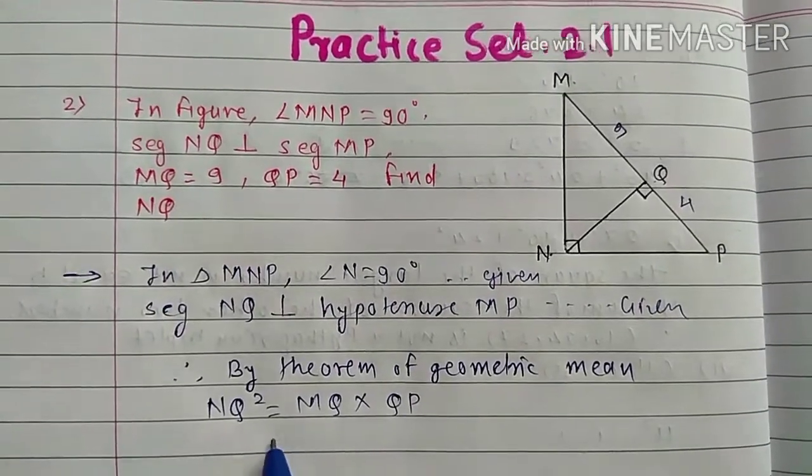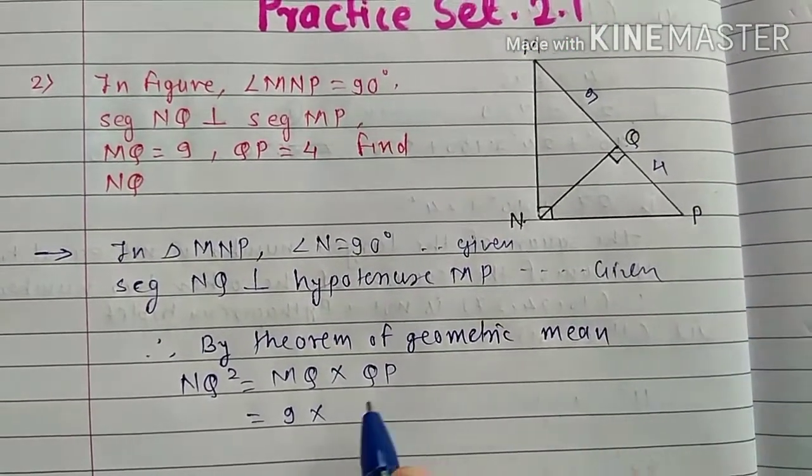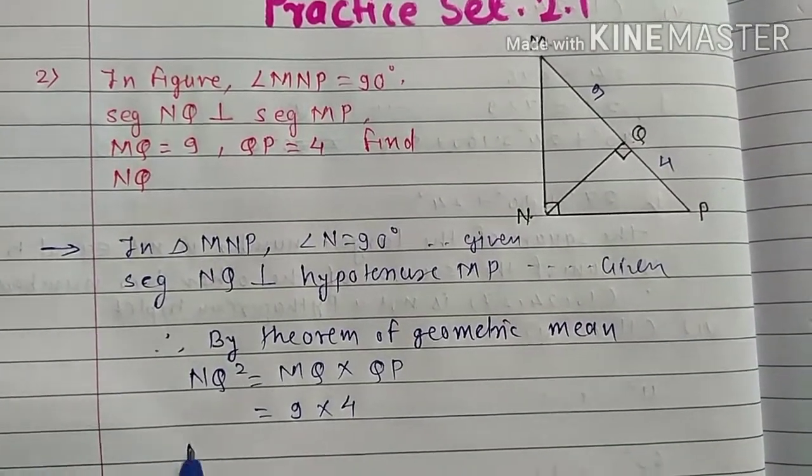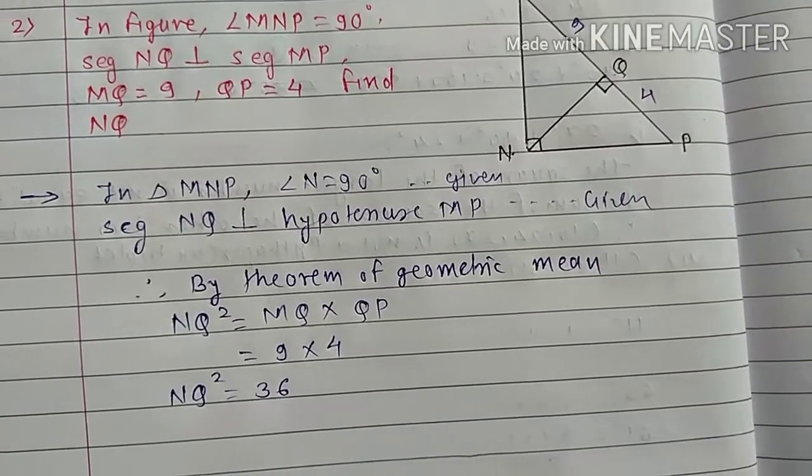So here MQ is 9, QP is 4. So NQ square is equal to 36.